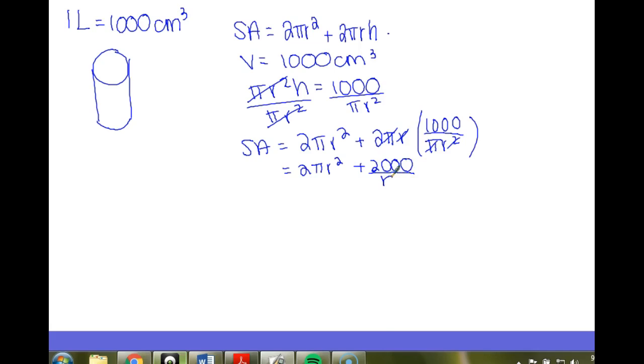Well, now the derivative of that isn't so bad. So SA prime, derivative of 2 pi r squared becomes 4 pi r. And derivative of 2,000 over r gives you negative 2,000 over r squared.